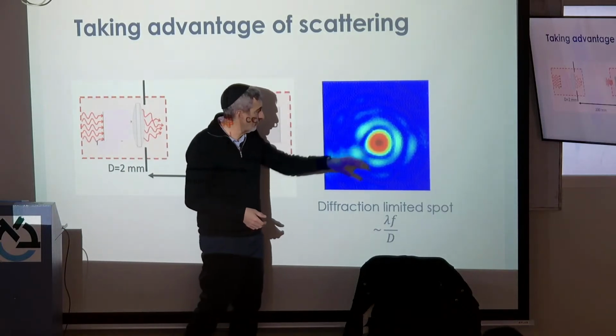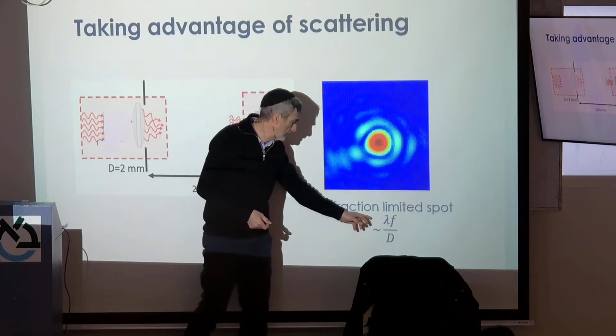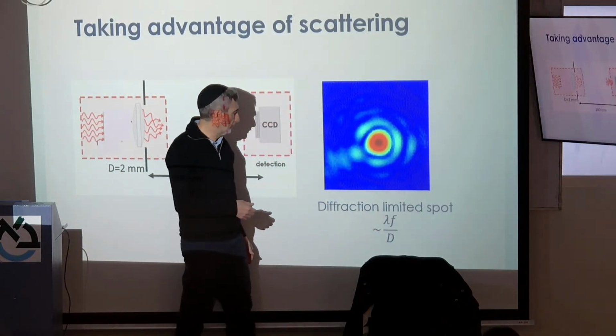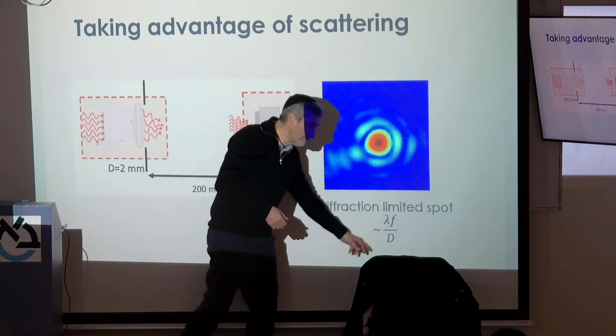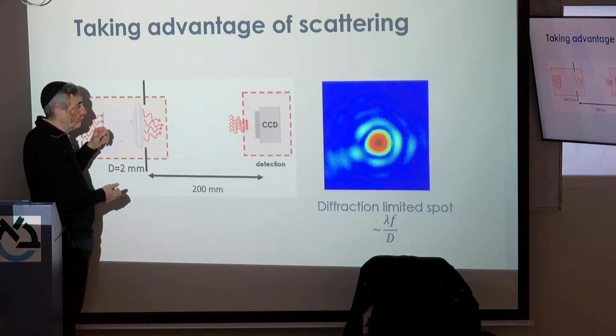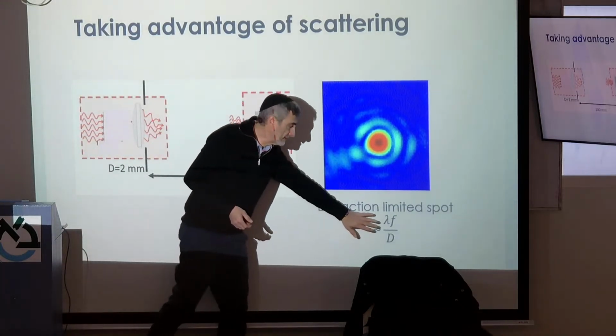The size of the spot is diffraction limited, and the diffraction limit is given by lambda f divided by D. F is the focal length of the lens, and D is the diameter of the lens. So the smallest spot that you can get is limited by this formula.